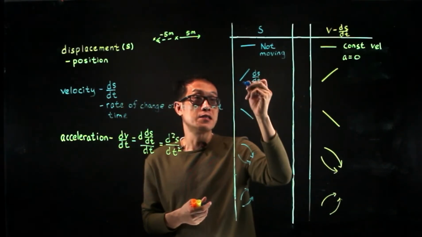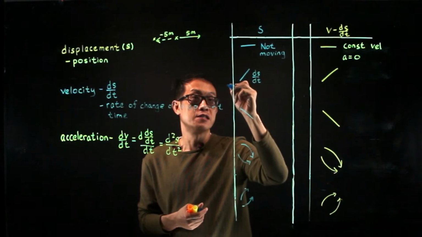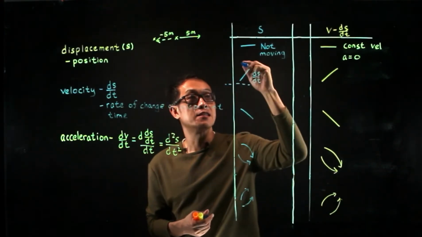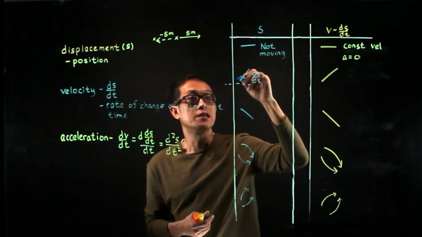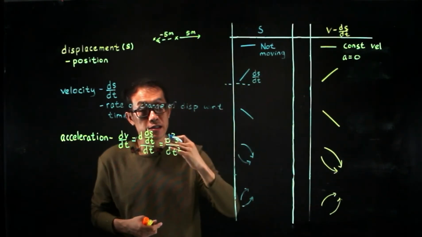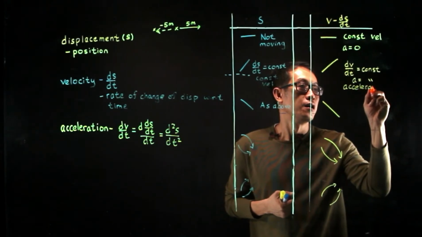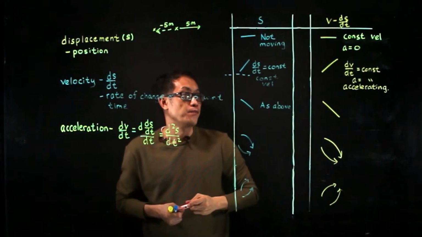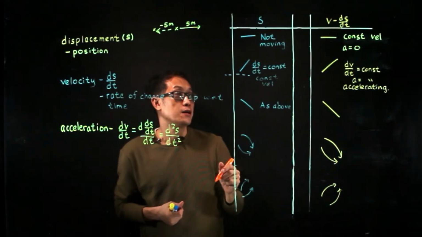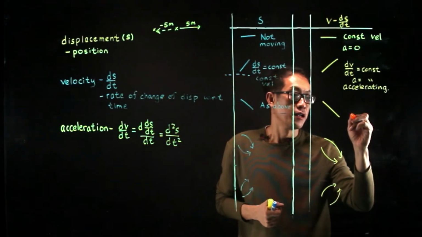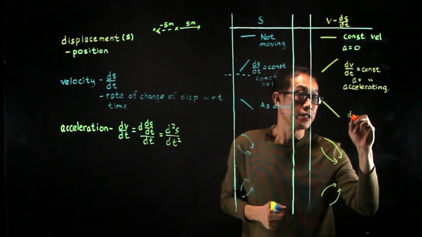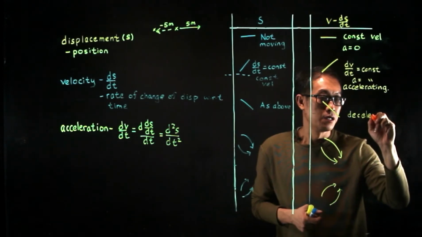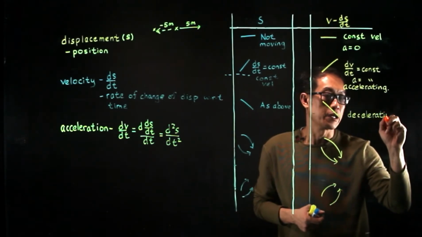Let's say this is above the x-axis. That means it is moving away. However, if the x-axis is on top, then it is moving towards the x-axis. Because the gradient is negative, this is decelerating.